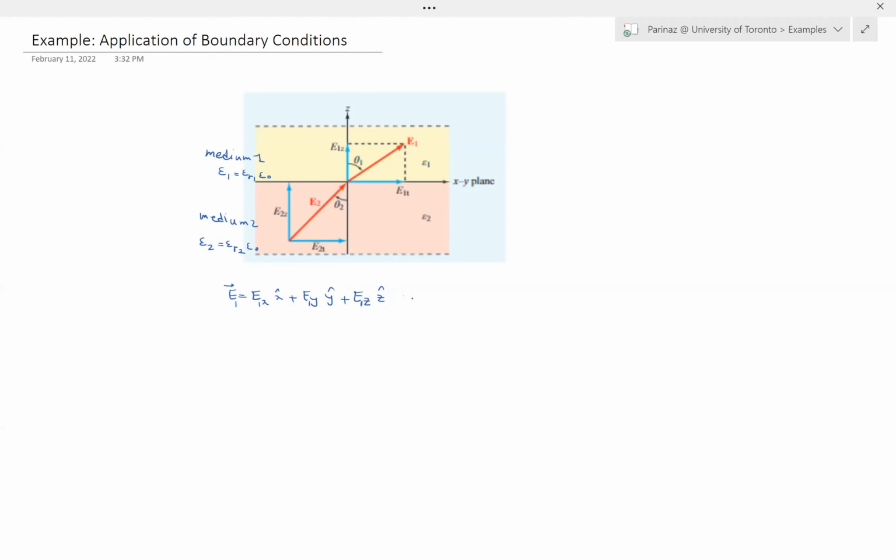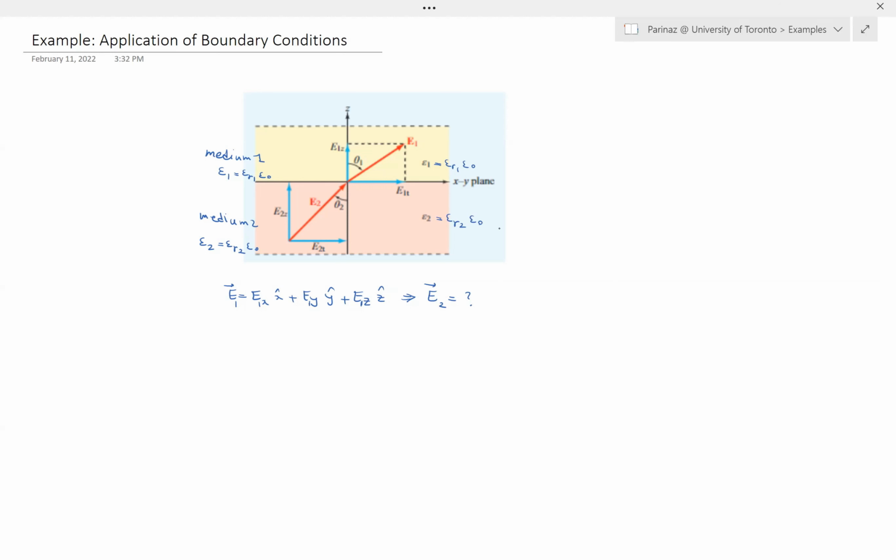Now, if that is the case, and you know epsilon 1 and epsilon 2, find the electric field in medium 2. They were actually written here: this is epsilon 1, epsilon r1 epsilon naught, and this is epsilon 2, epsilon r2 epsilon naught.